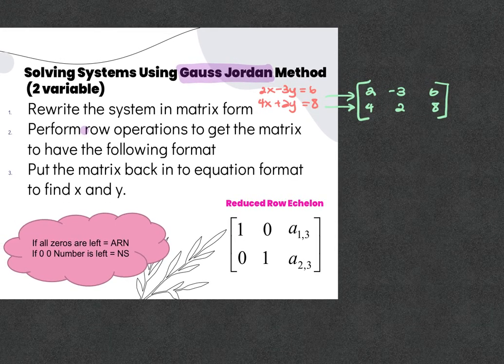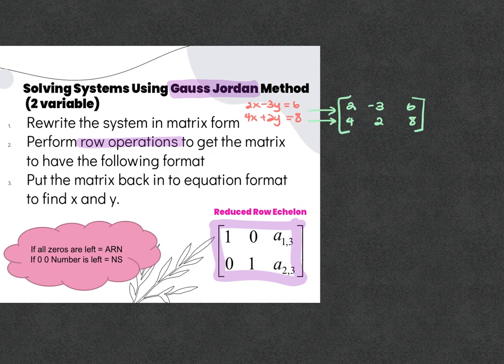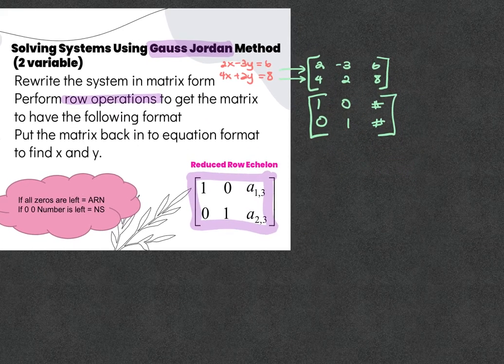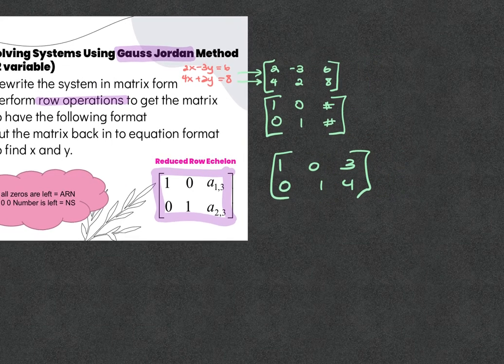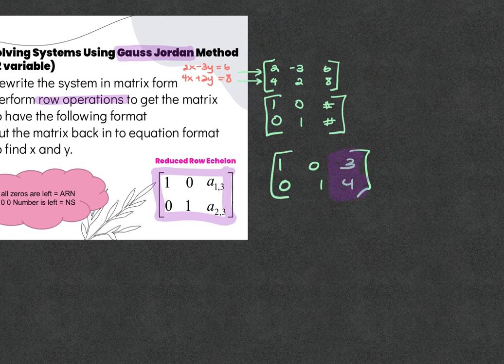Then you're going to perform row operations to get the matrix to have this format. The goal at the end is to end up with a 1, a 0, a 0, a 1, and then these will be numbers. And then step 3 is take that matrix and put it back into equation format to get your x and your y. If this said 1, 0, 3 and 0, 1, 4, and I wanted to put this back into equation format, the last column is always your constants.